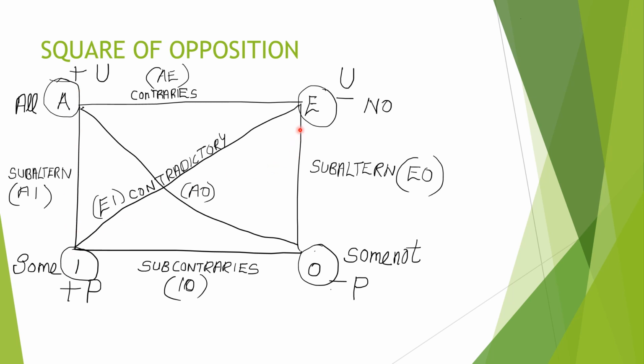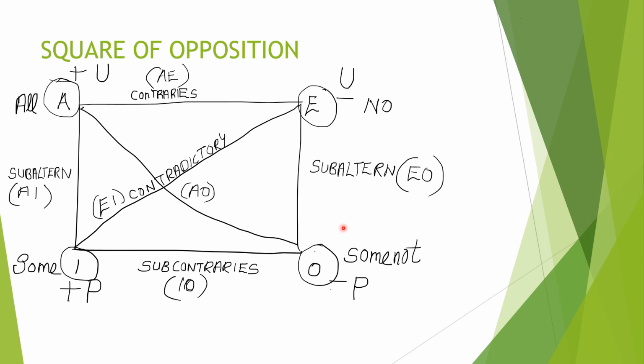E and O are negative, that is, here "no" is there and here also "no" is there. A and E are universal, I and O are particular. Don't forget that. Sometimes they will ask questions like that.